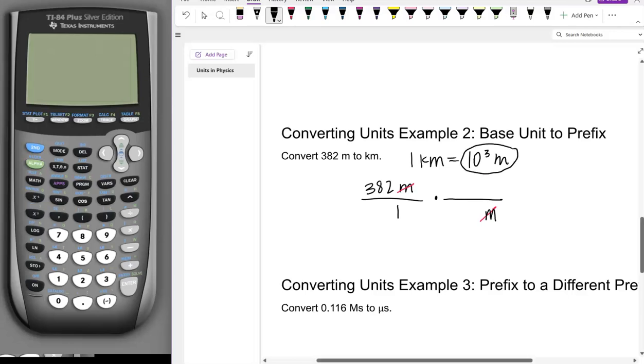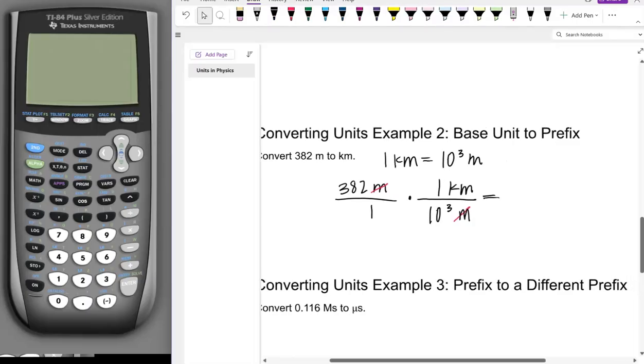We know that it's 10 to the third meters, so 10 to the third meters has to go on the bottom, whereas we're trying to convert to kilometers, so the 1 kilometer goes on the top this time. So notice it's actually the reciprocal of what we did the last time, because instead of going kilometers to meters, we're going meters to kilometers. We need the meters to cancel out this time. We want to end our answer in kilometers.